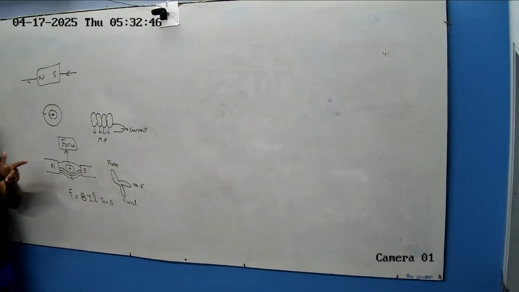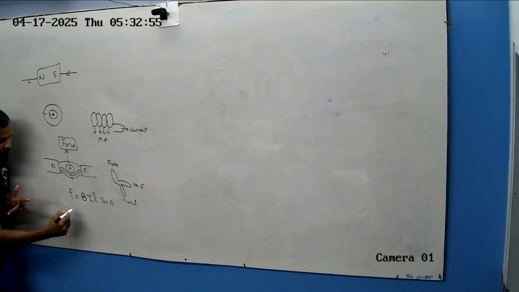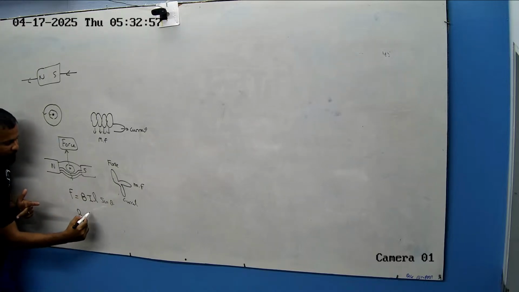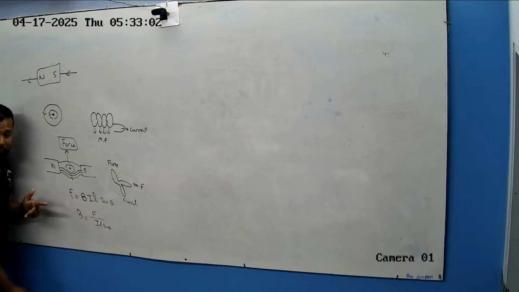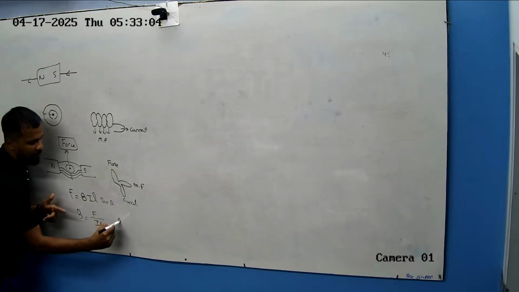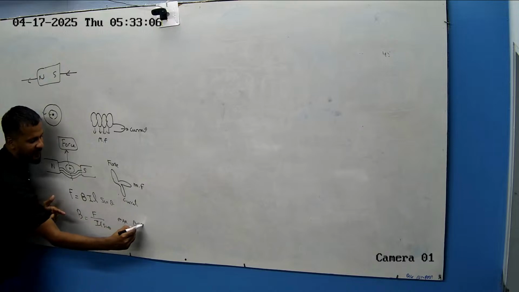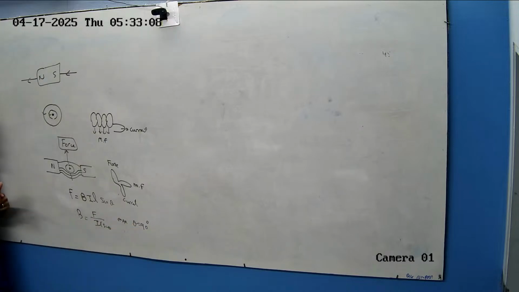The angle is the angle between the conductor and the field, and it's maximum when it is 90 degrees. So B is equal to F over I L sine theta. The force is maximum when theta is equal to 90 degrees. So those are the things that control the force exerted on a conductor.